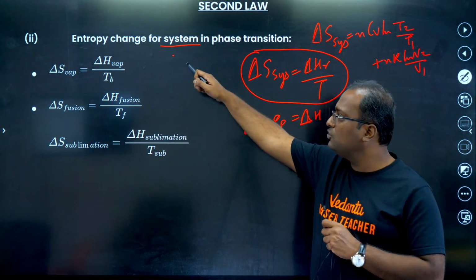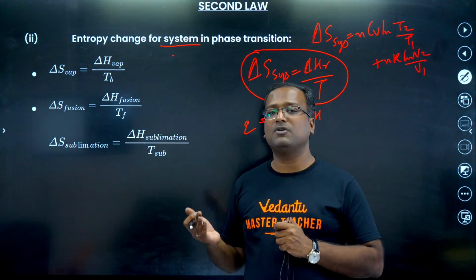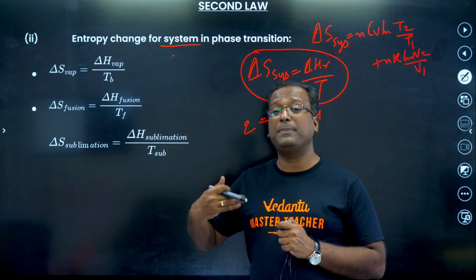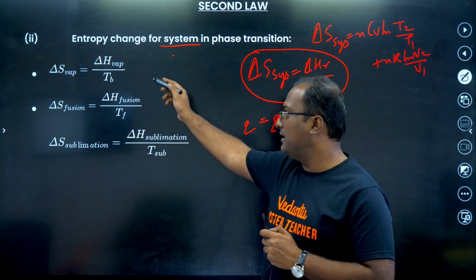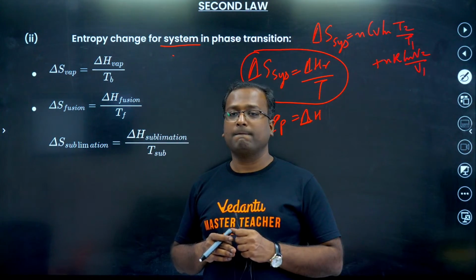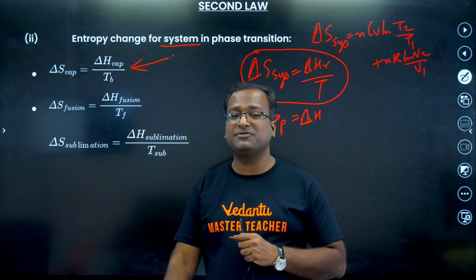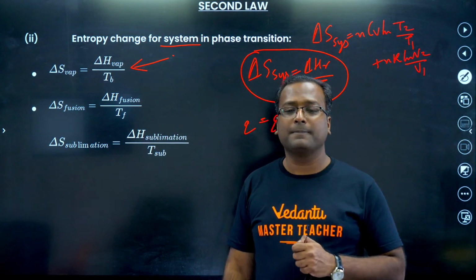Now, from here also you can understand, guys, when we convert liquid to gas, when we vaporize a system, should the entropy change be positive or negative? Observe this formula. Delta H vaporization value.